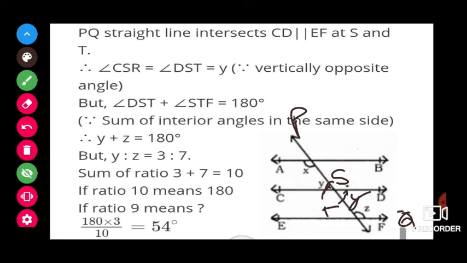And we know that these two lines are parallel, children. If this is the angle y, then automatically this angle also will be y because of vertically opposite angles. And these both are parallel to each other.